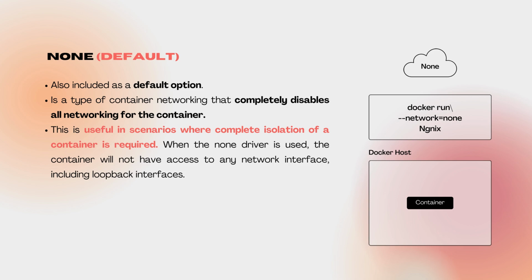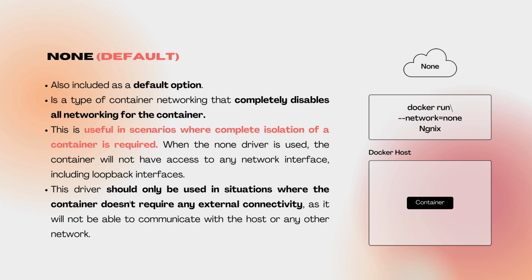So when the none driver is used, the container will not have access to any network interface, including loopback interfaces as well. It's important to note that this driver should only be used in situations where the container does not require any external connectivity, as it will not be able to communicate with the host or any other network.